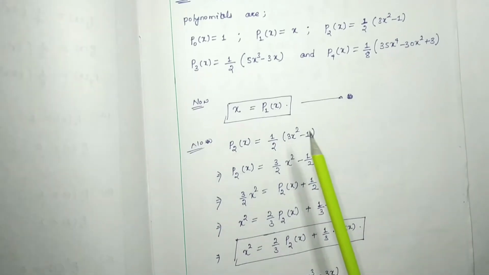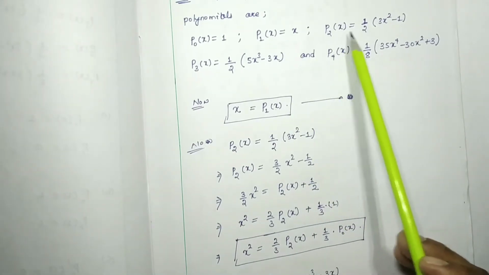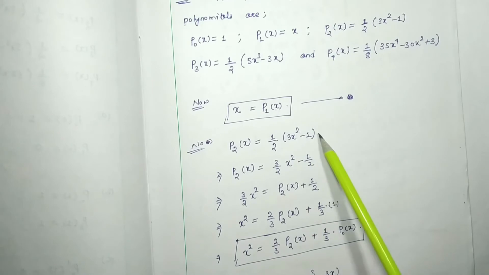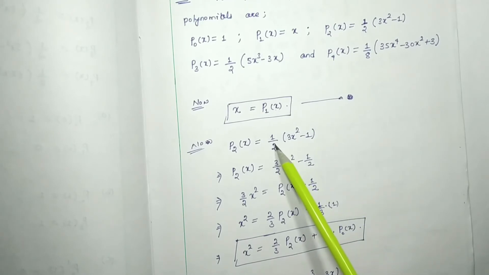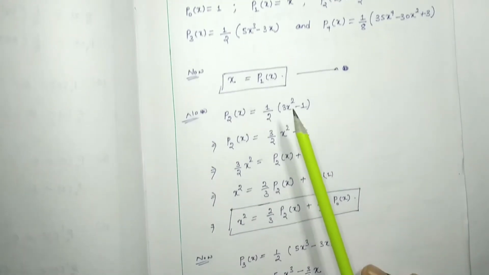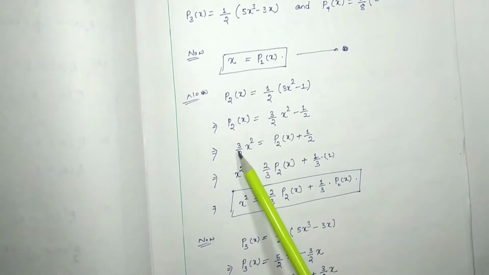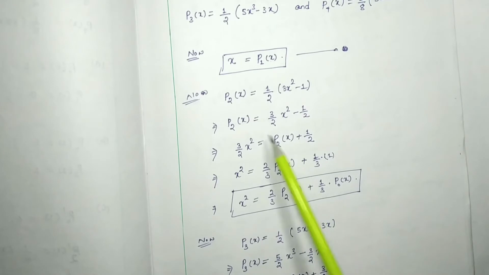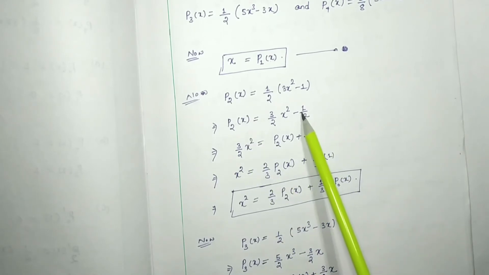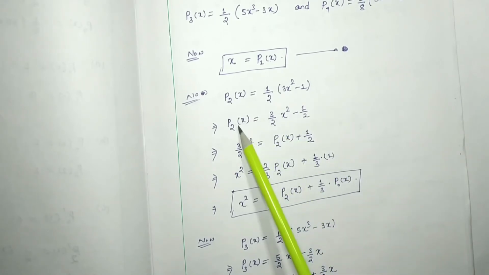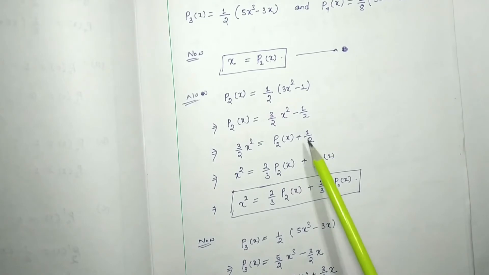Okay. Now p2(x) is nothing but 1 by 2 (3x square minus 1). You just multiply 1 by 2 with the 2 terms, and we get 3 by 2 x square minus 1 by 2. Now 3 by 2 x square will be equal to p2(x). This minus 1 by 2 goes to this side, it will be plus 1 by 2. Okay.